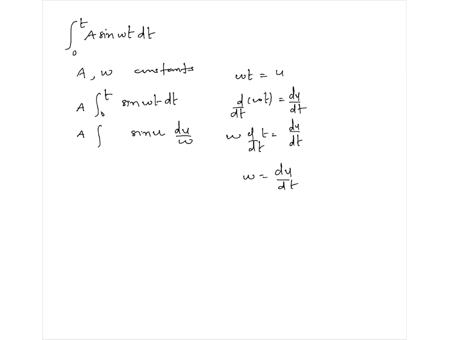Now if we have changed the variable from t to u, limits should also be changed. When we say omega t is u, when t is 0, how much will be u?